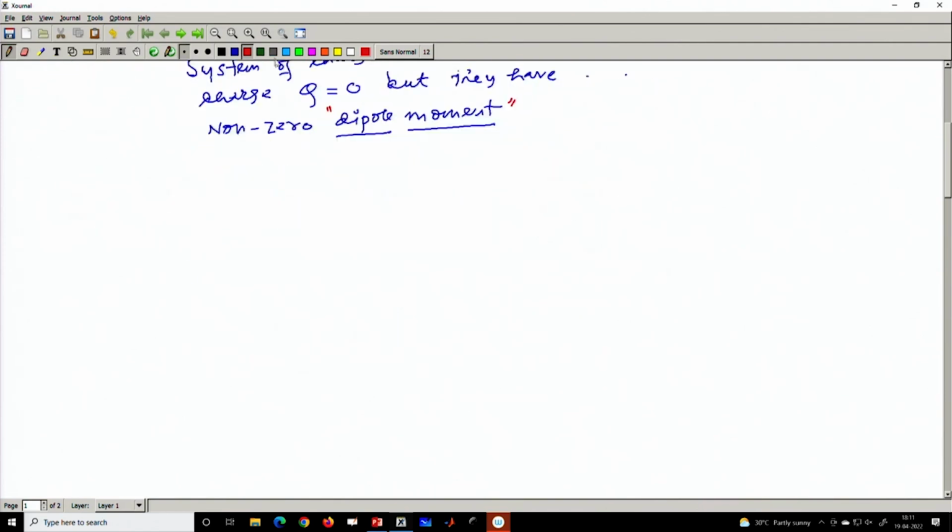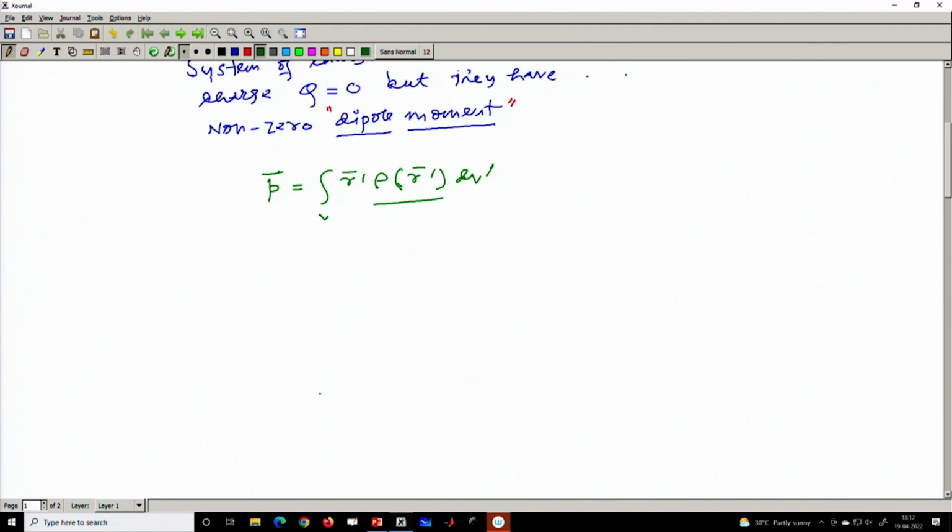And in the continuous charge distribution, the dipole moment is generally defined in this way: integral of r prime rho of r prime dv prime. This is the distribution of the charge for which I need to use the expression of the charge density, and this is the way we define the dipole moment. Okay, we are going to discuss in detail.